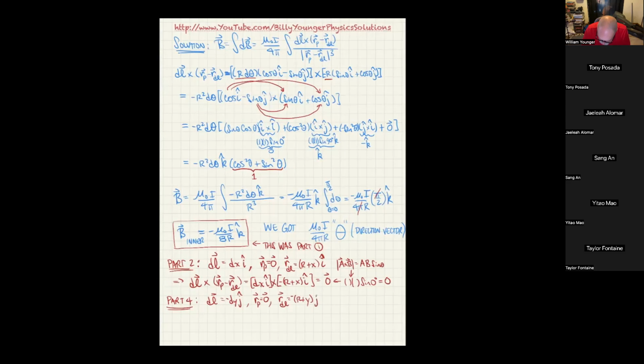So I'm going to put it like this. So that's roughly RDL. And what that means is DL cross RP minus RDL is equal to negative dy j hat crossed with negative of negative is going to be positive. I'll put a square bracket around this, positive r plus y j hat, which gives us again the 0 vector because it's j hat cross j hat.